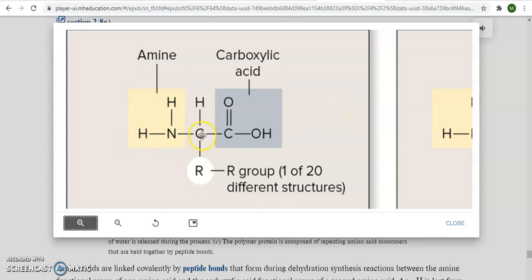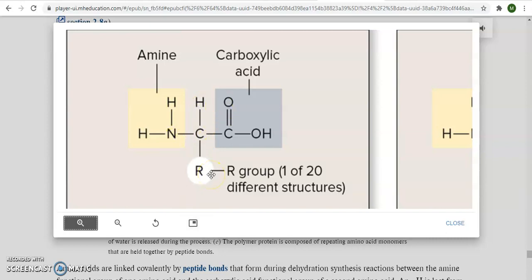So you have the carbon and the hydrogen and the oxygen. Remember, those are the three we had in carbohydrates and lipids too. But you'll notice that there's a nitrogen atom that's also associated with this amino acid. So those are the four atoms that you will always have if you're talking about a protein: carbon, hydrogen, oxygen, and nitrogen.